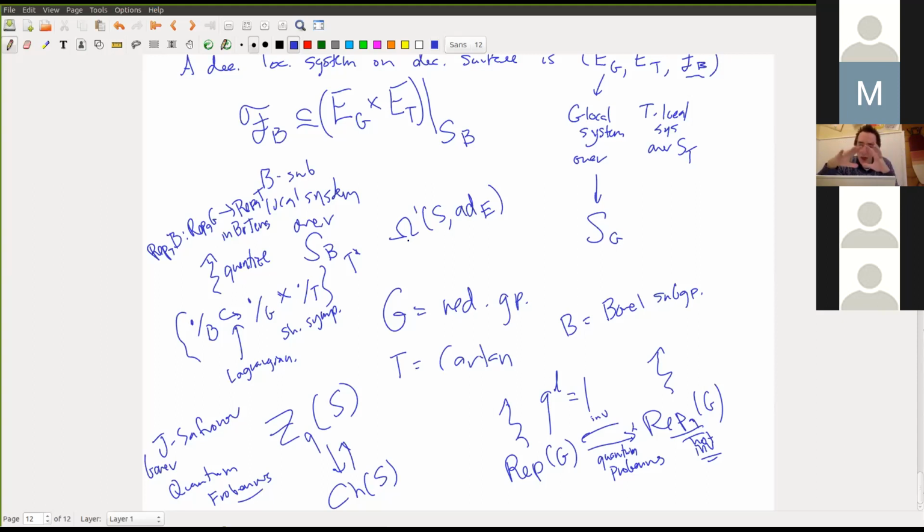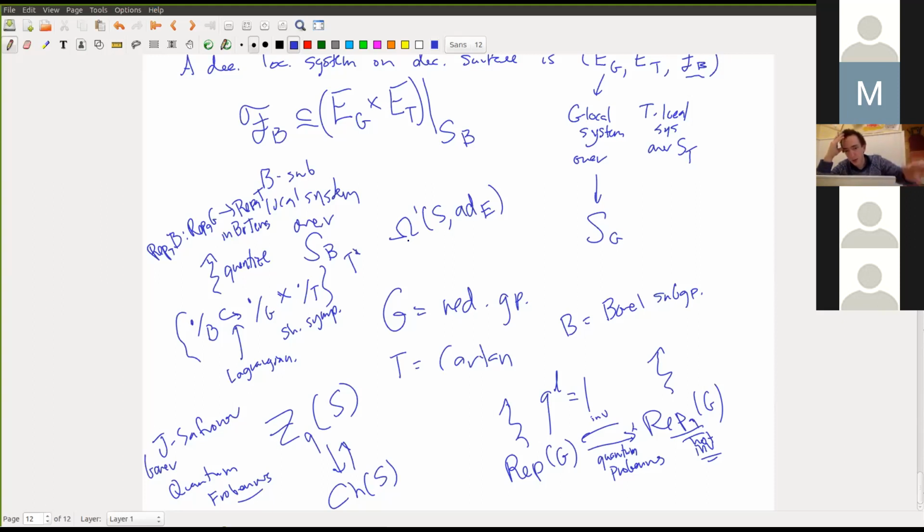I keep saying the word stack. There's an open substack of this character variety, which is actually where the G action is well behaved, and it's actually a manifold. And that manifold is hyperkähler. There's a CP1 family of complex structures on it, and one of those complex structures is the Hitchin moduli space that you're asking about.